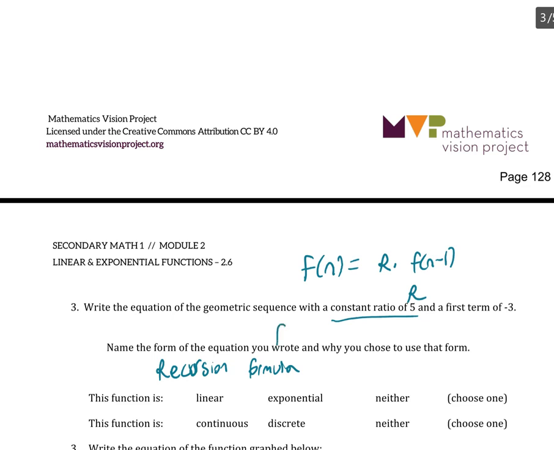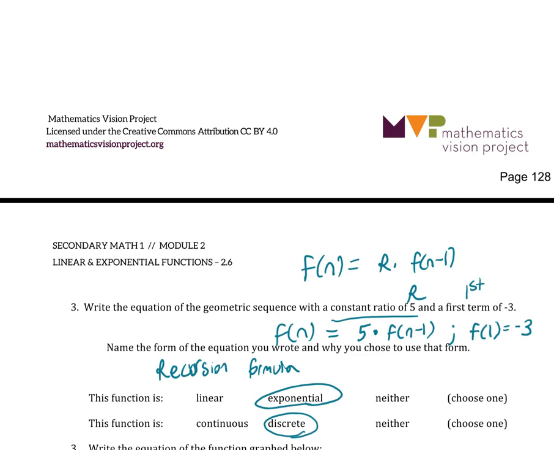So that's going to look like f of n equals 5 times f of n minus 1, and f of 1, the first term, equals negative 3. So this, of course, is an exponential function. It's a discrete function because recursion formulas are only used for discrete functions.